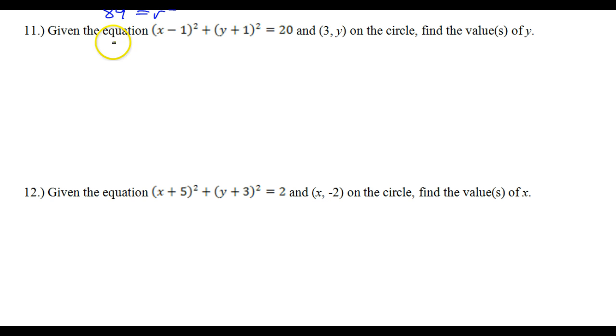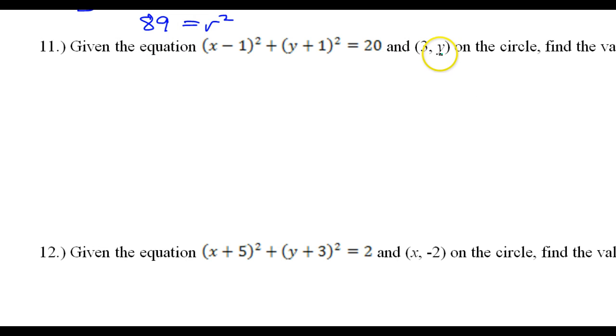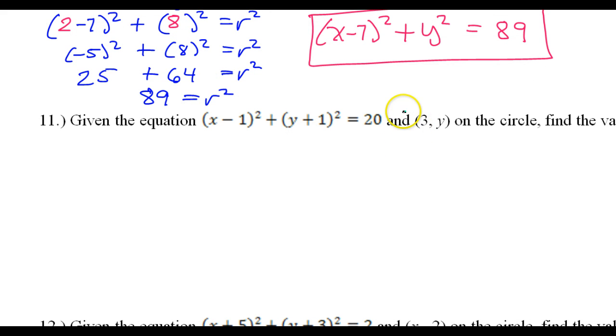Alright, just a couple more examples. So given this equation and this sort of half of a point, we've got the point 3 comma y, but we're given the 3 but not the y because we're supposed to find y. So how are we going to do that? Well, even though this is a variable, they're still giving us an x value right here.